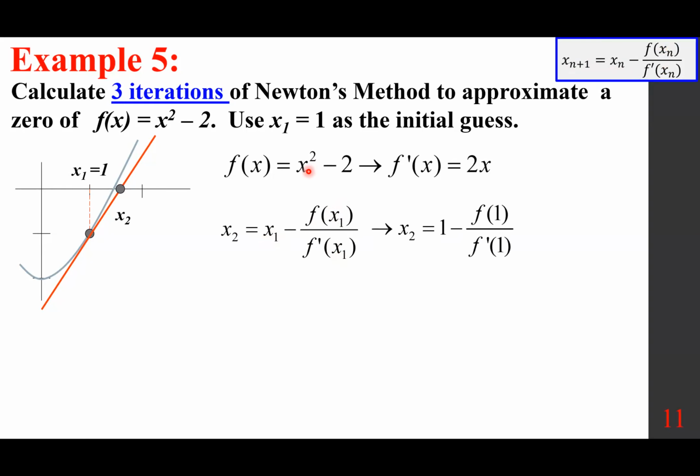Now f of 1, if you plug in 1 here, you get 1 squared minus 2, which is -1. F prime of 1, 2 times 1, this is 2. As you see, this is plus 1 and 1/2, which is 1.5. So x sub 1 is 1, x sub 2 is 1.5.